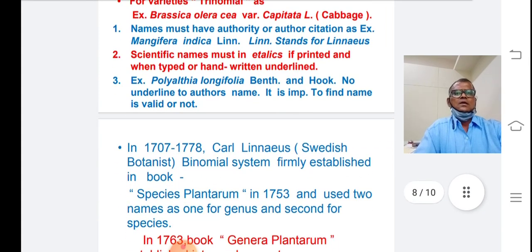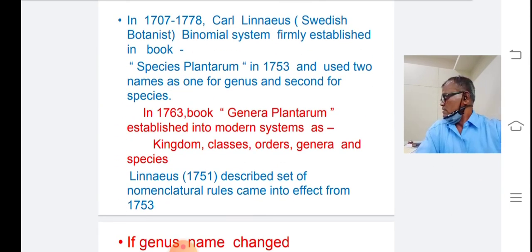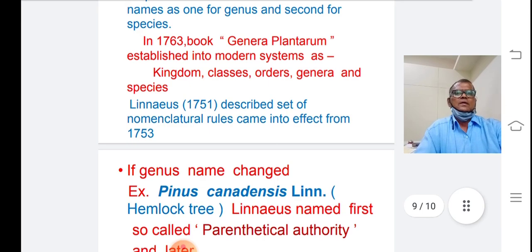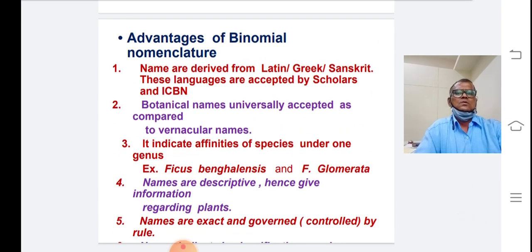And next, in 1707 to 1778, Carl Linnaeus, the Swedish botanist, gave this system, and the name of the genus. So this is our part. And the last point, we have seen the advantages of binomial nomenclature.